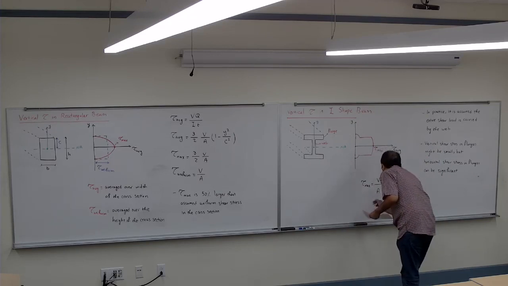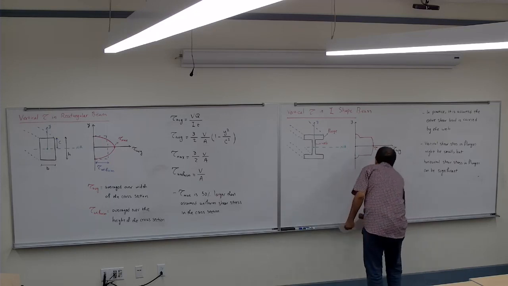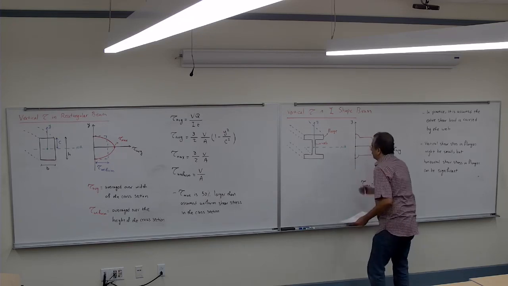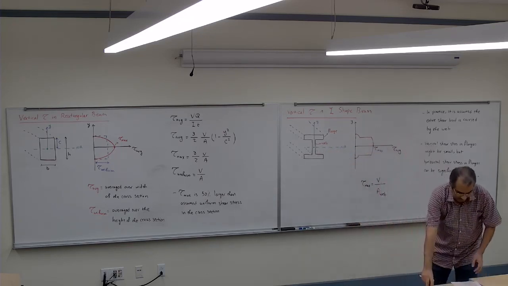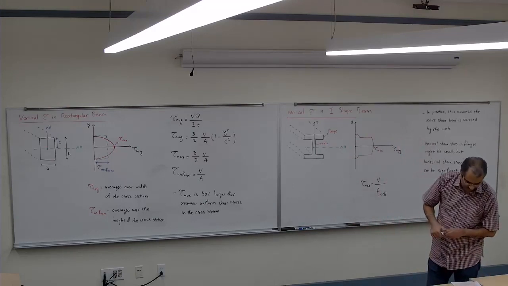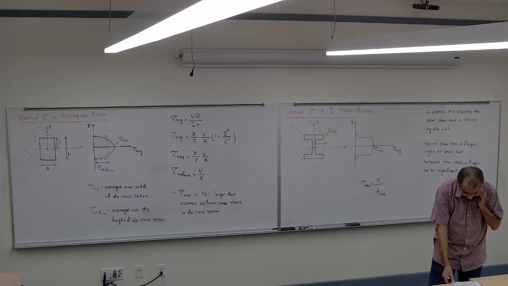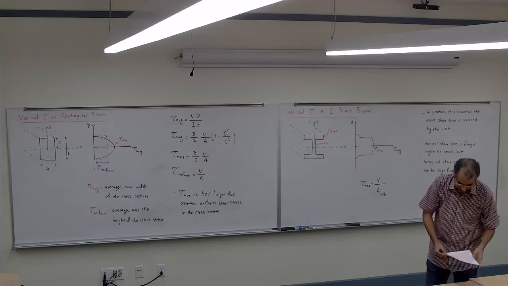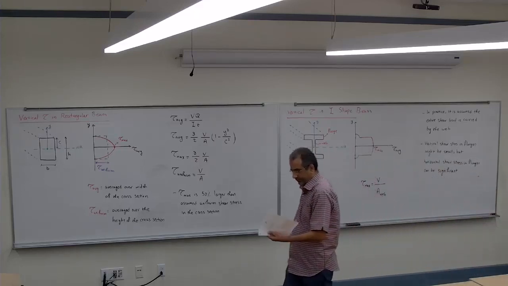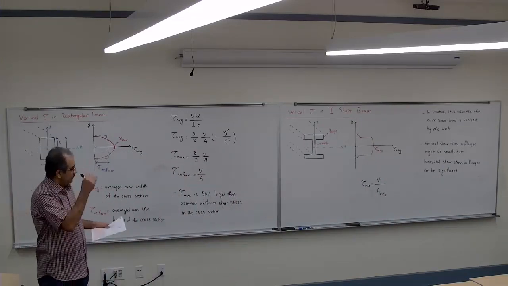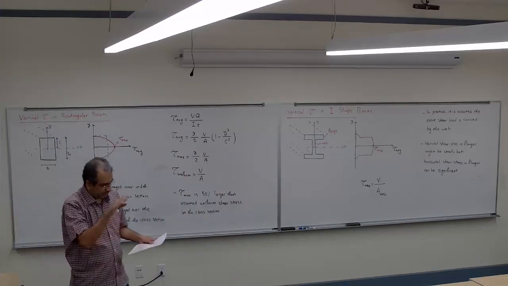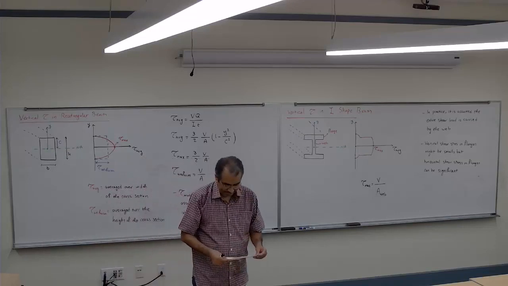Instead of the area of the beam, we ignore the flanges, so assume the flanges are not there. If the flanges are not there, it's a very narrow beam. We'll talk about the horizontal shear stress there later on. Any questions?